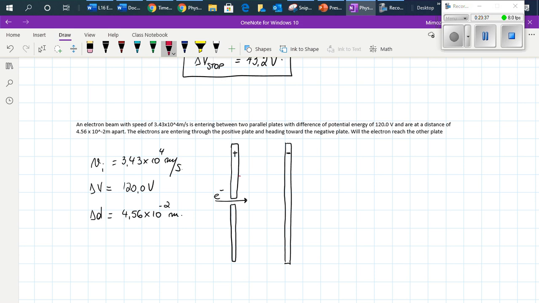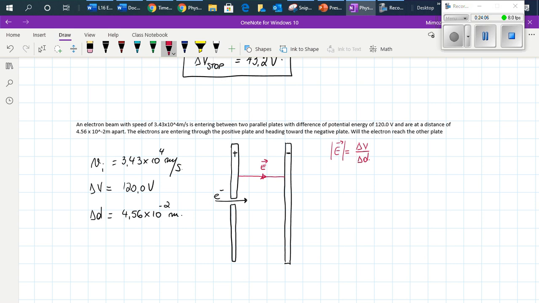Now the electric field is again leaving the positive plate and going toward the negative, and the magnitude of the electric field strength is calculated as delta V over delta D. We know that the electric field between the two parallel plates is constant, uniform.